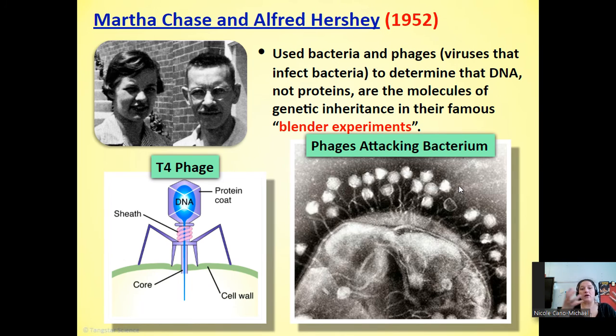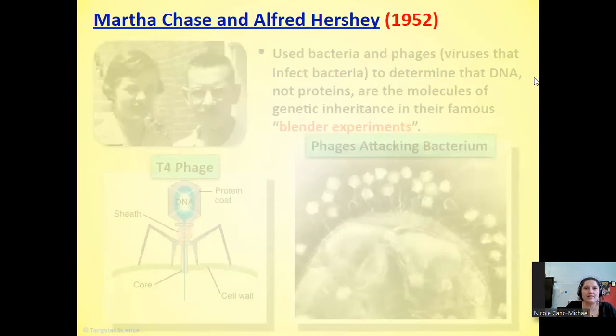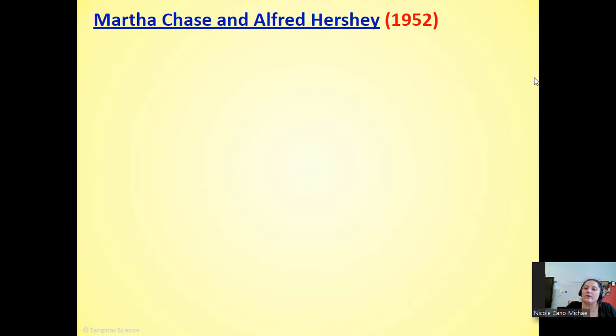Because we know that when a bacteriophage attacks a cell, it will inject it with its genetic material, hijack the cell, and force the cell to start creating new viruses, which is kind of ingenious from a viral point of view. So how do they go about proving if it is the protein carrying the genetic material or the DNA? All they know is that at the end, the bacteria is going to have this genetic material inside of it.